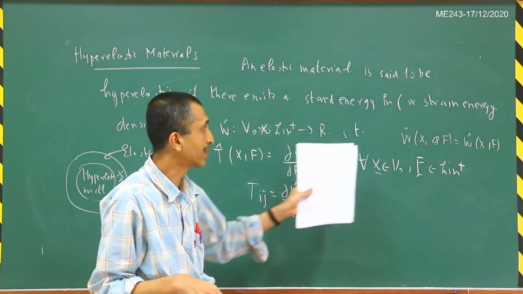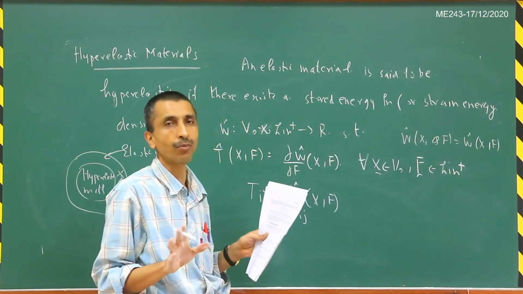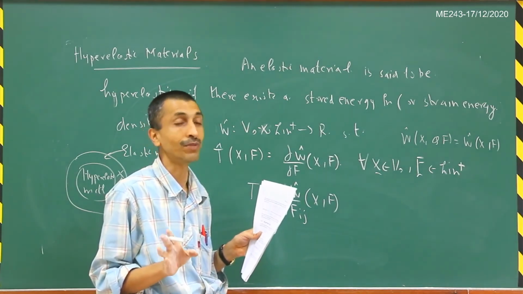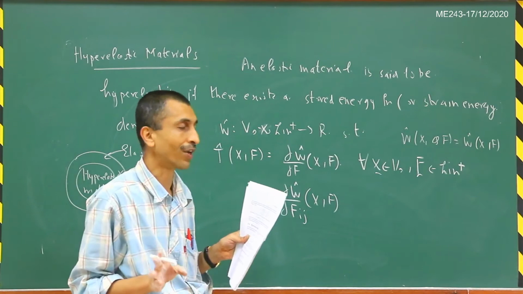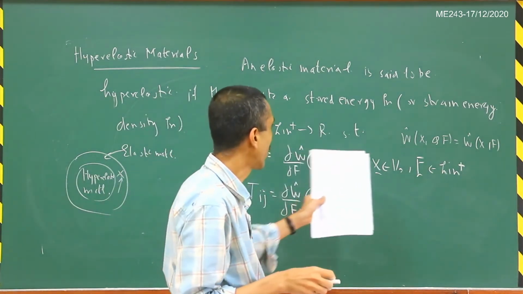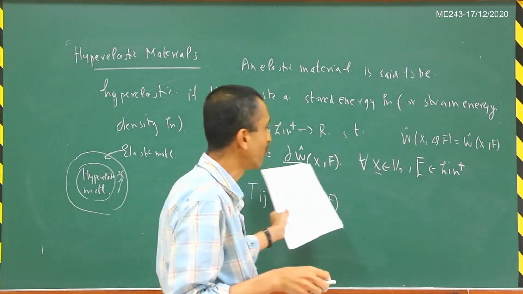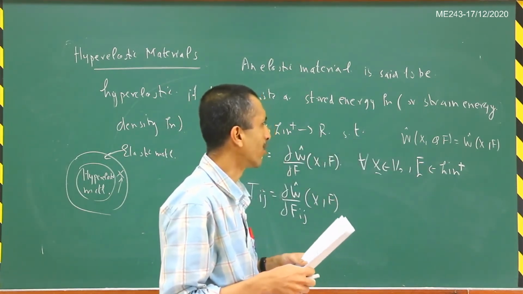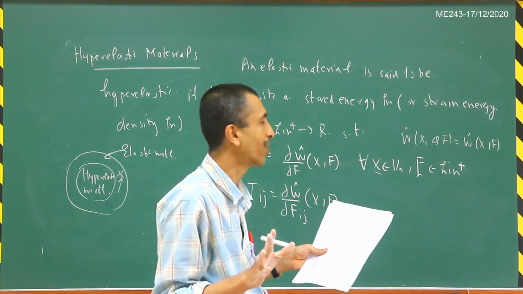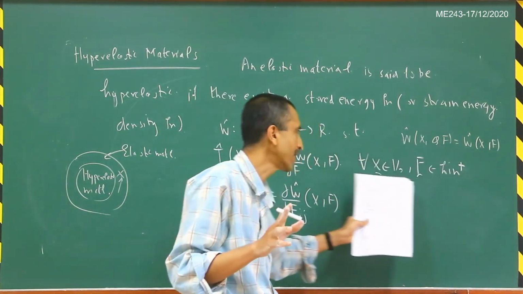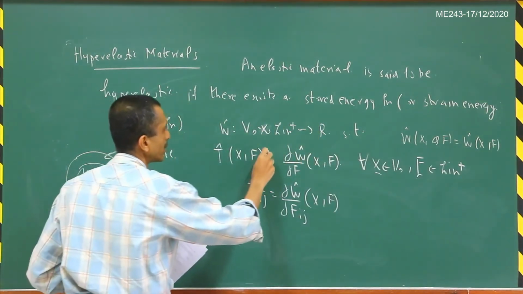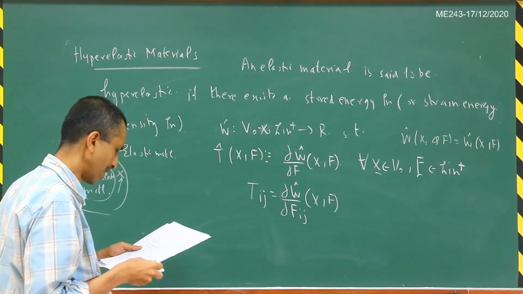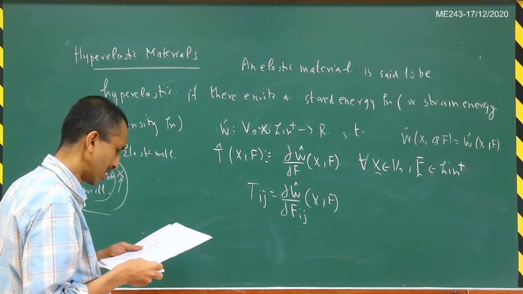This kind of relation is the appropriate relation for a scalar valued objective function, or material frame indifferent function. And this kind of relation follows only if you adopt this particular definition here. We want the strain energy density function to be objective in this sense, and that is why we define the first Piola-Kirchhoff stress as the gradient of this strain energy density function.